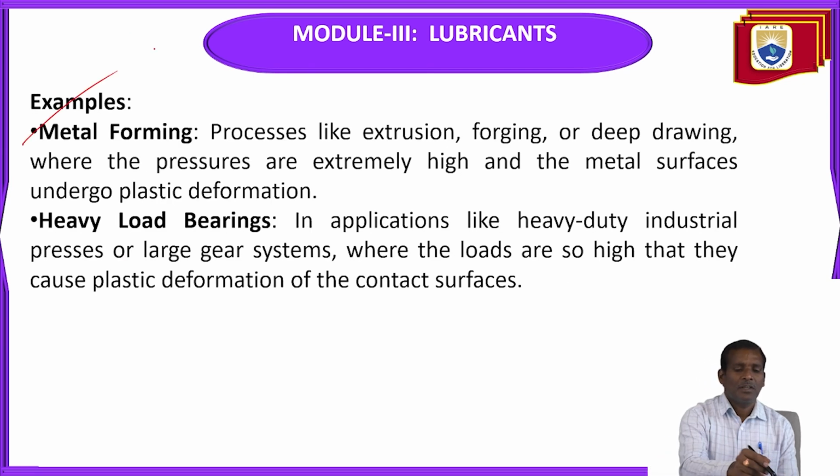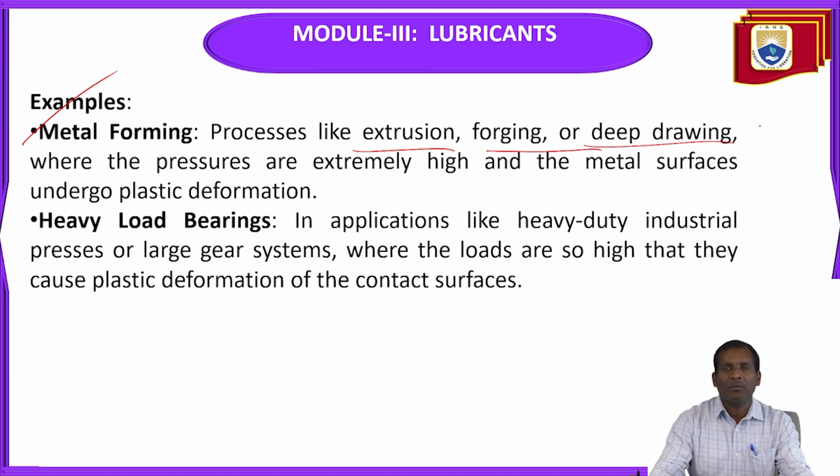Examples for this lubrication system: metal forming. Processes like extrusion, forging, deep drawing. These all are mechanical machining processes, manufacturing processes that come under metal forming, where the pressures are extremely high and the metal surfaces undergo plastic deformation.